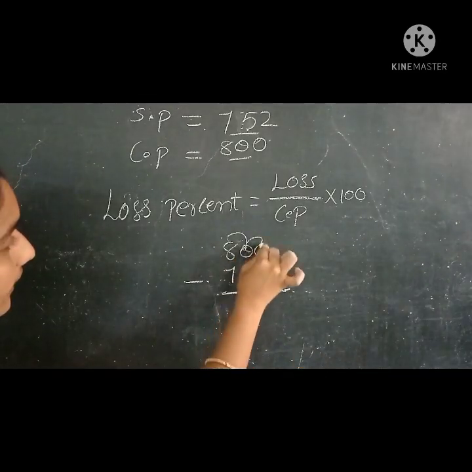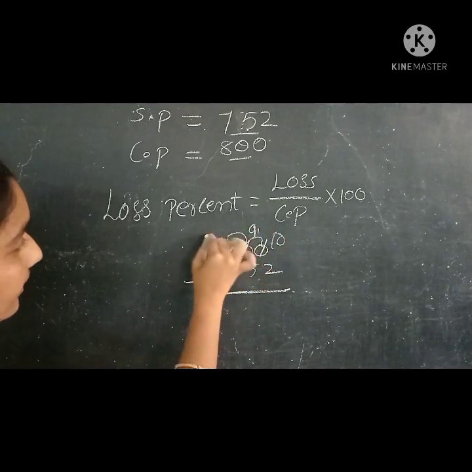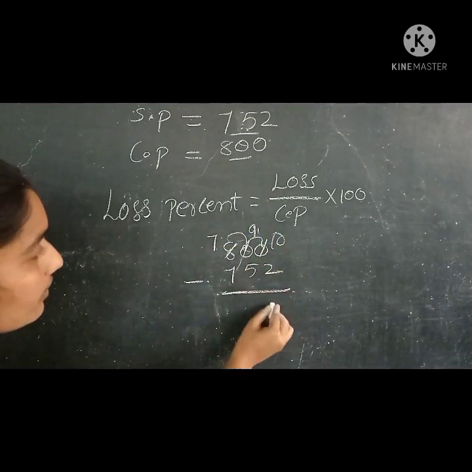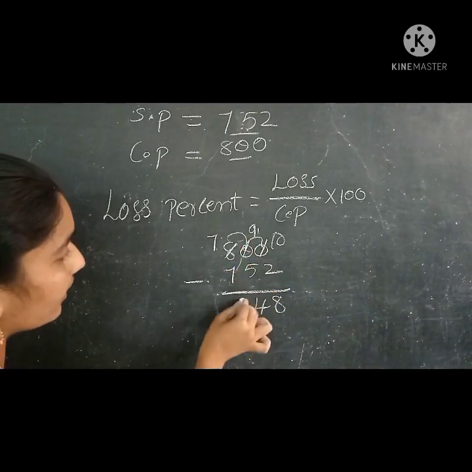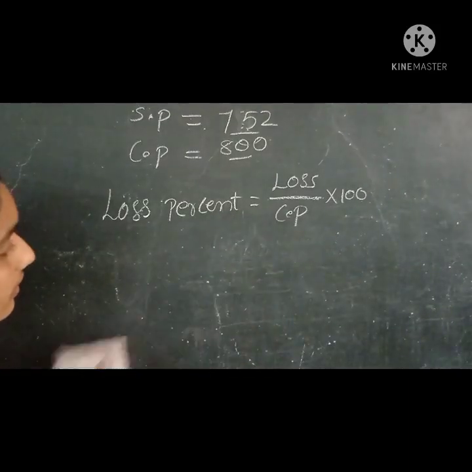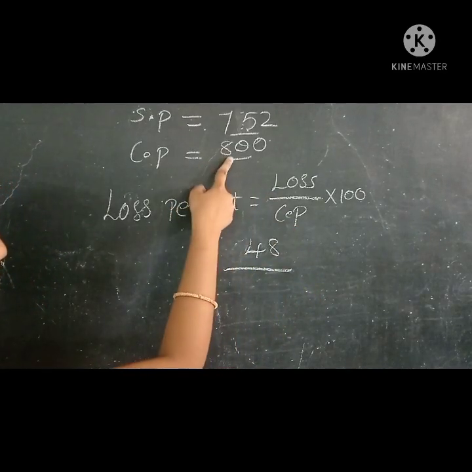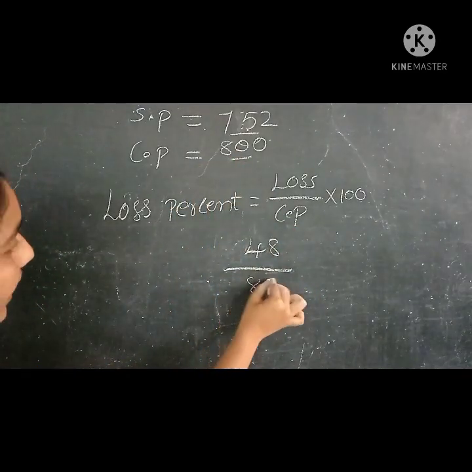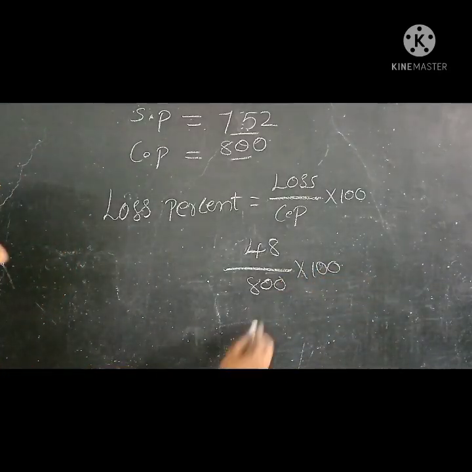Take the borrowing. 10, 9, 7. 10 minus 2, 8. 9 minus 5, 4. 7 minus 7, 0. How much rupees of loss? 48 rupees. So loss percent: loss 48 rupees by cost price, which is 800 rupees, into 100. Okay now.